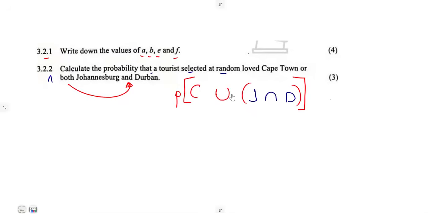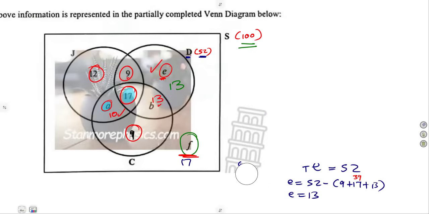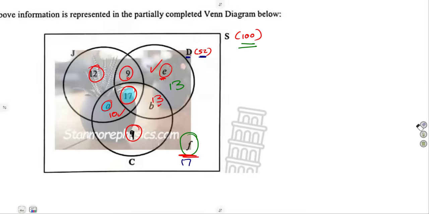Which set is it that we are talking about? Which part of the set are we talking about? All right, it is like this, guys. If you understand these sets, guys, it is easier this way. Let me just try to have a sketch. This is how you answer this one.